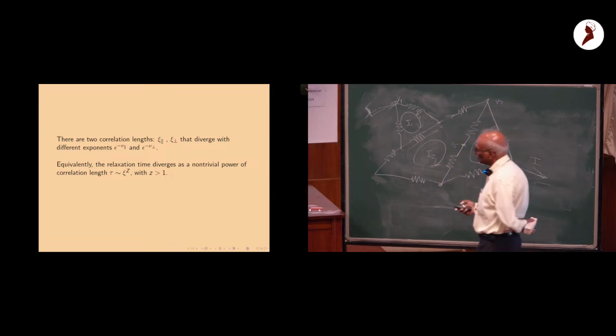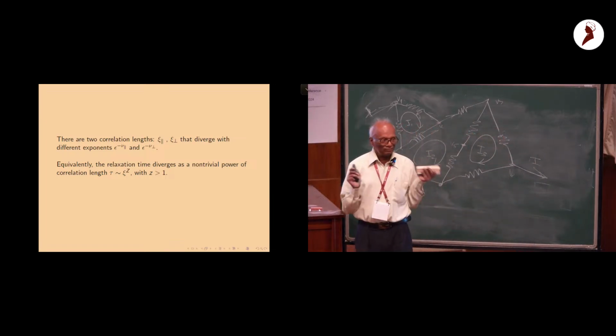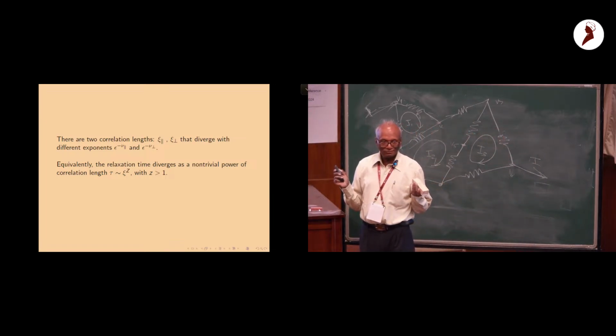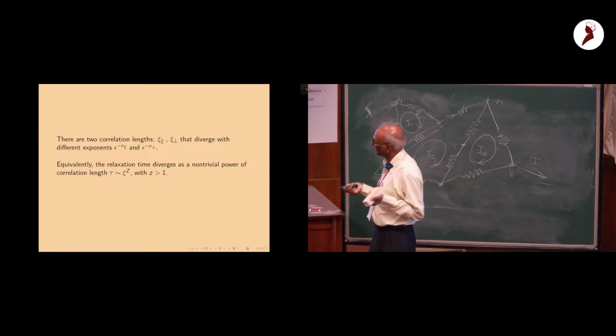Okay? So there will always be some things which are left out, and I don't think one needs to apologize for that. Okay. So there are two correlation lengths, ξ parallel and ξ perpendicular, that diverge with different exponents.